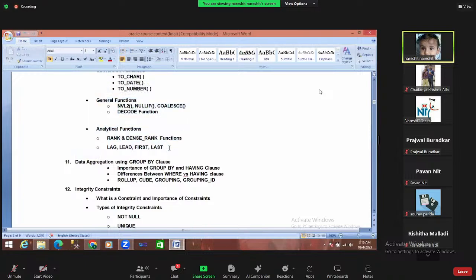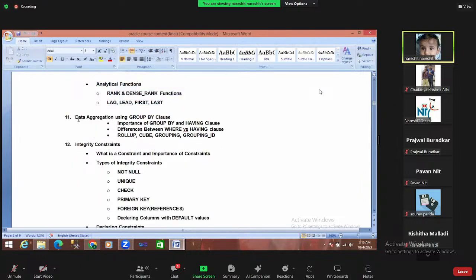By using these, we can generate different types of analysis reports. Next, data aggregation using group by, group by having, order by, and rollup, cube, grouping ID. These are the clauses we discussed. Up to here, these are the basics of SQL.